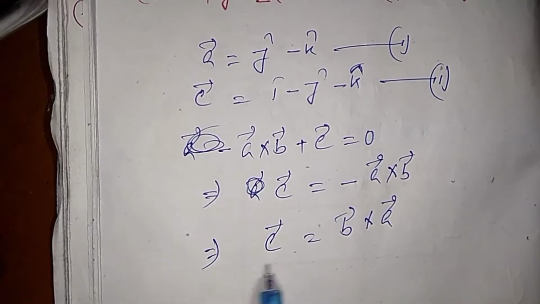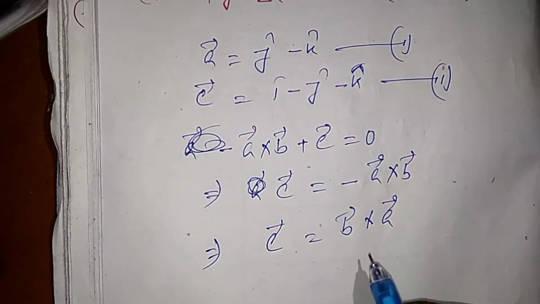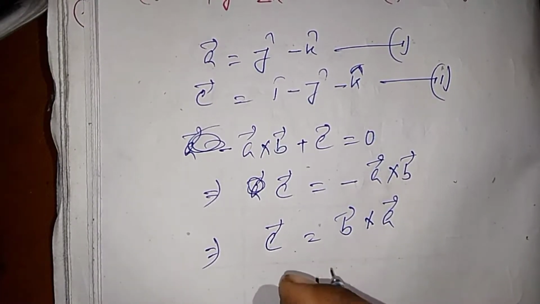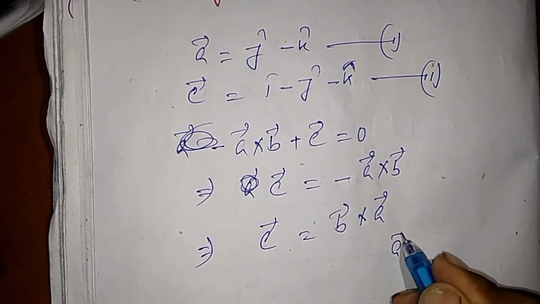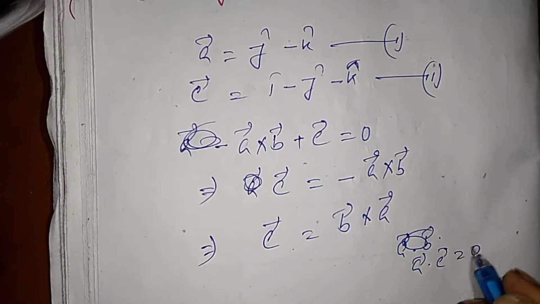That means C is perpendicular to vector A and vector B. If C is perpendicular to vector A, then A dot C equals 0.